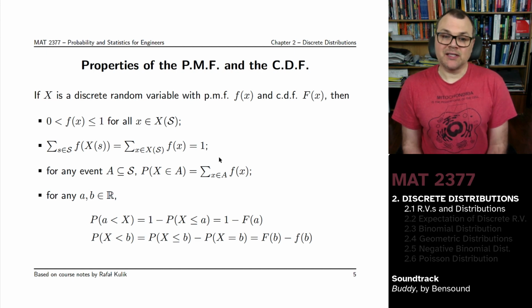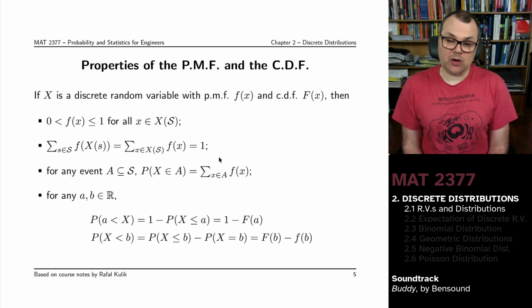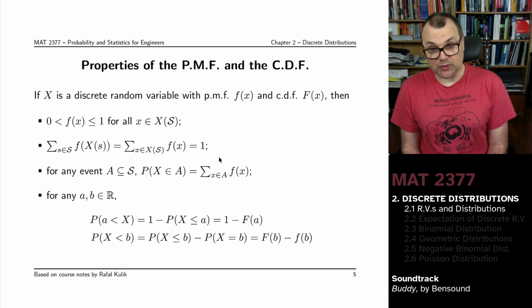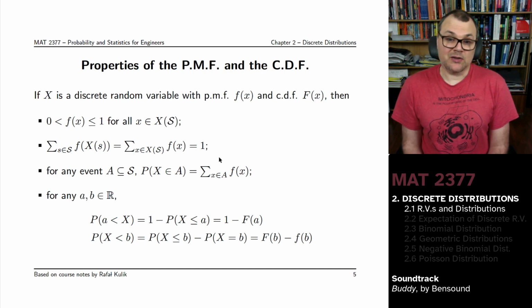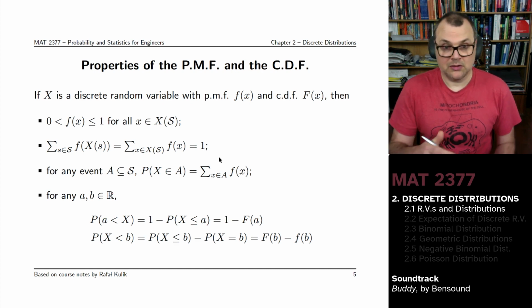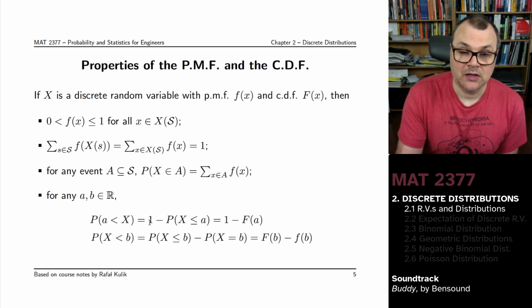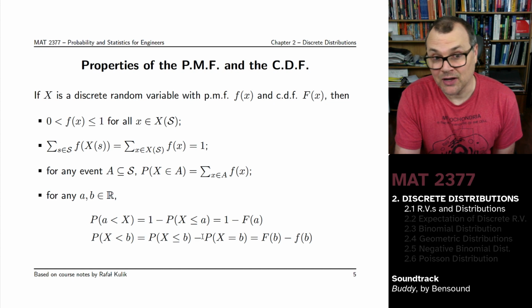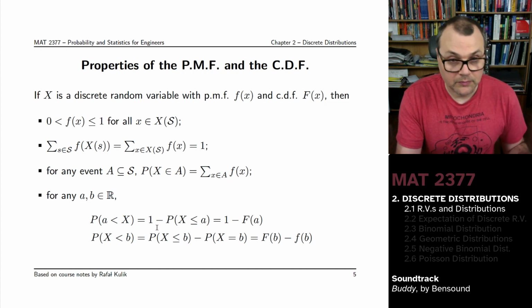The probability that X would be strictly larger than A, that's going to be the same thing, by the rules of probability, as the probability that X is not smaller than or equal to A, and you subtract that value from 1, right?